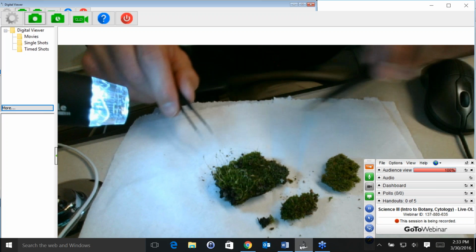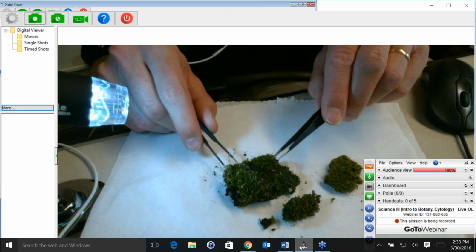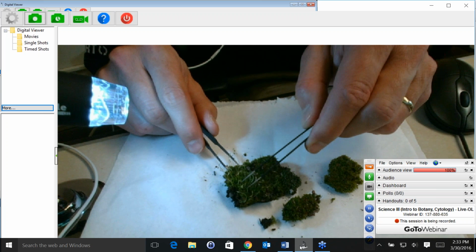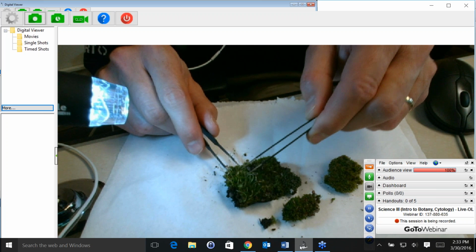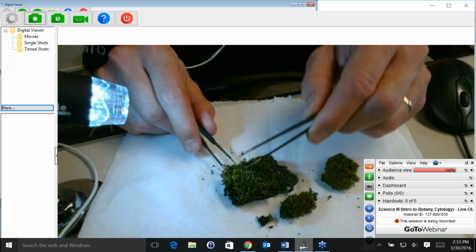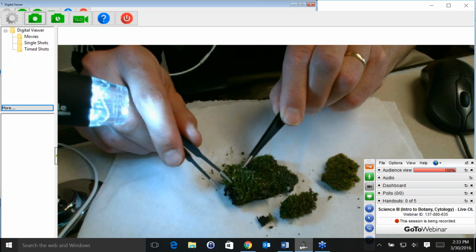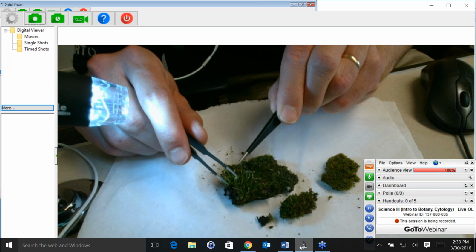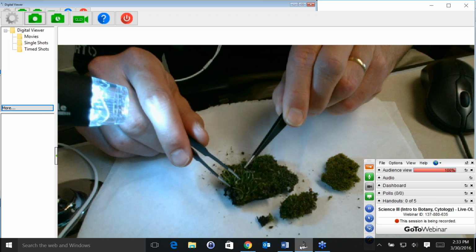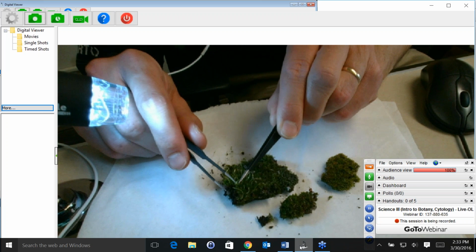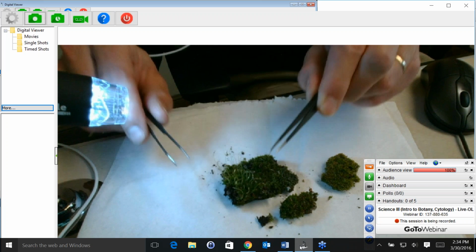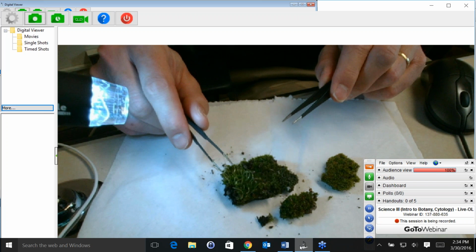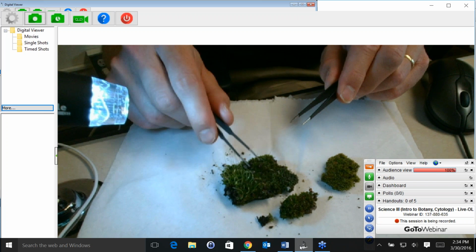Extremely small. And then in here we have some that show the sporophyte, the seta, and then the capsule on top, and this has inside them the spores that actually will travel and then make a new gametophyte plant afterwards.